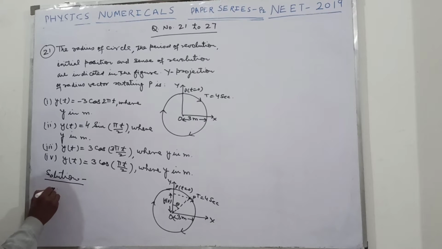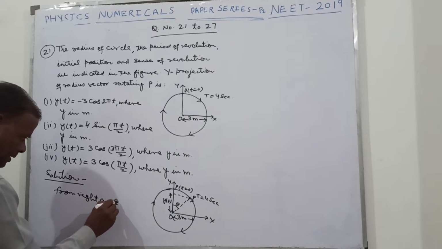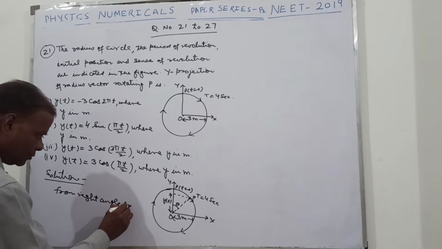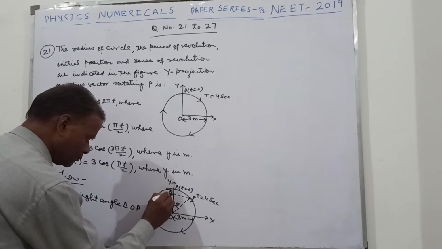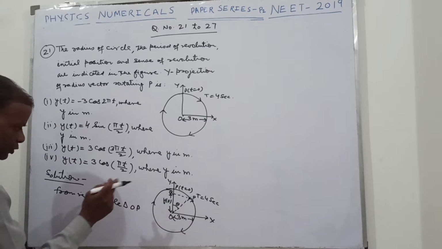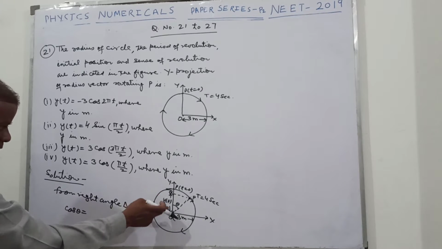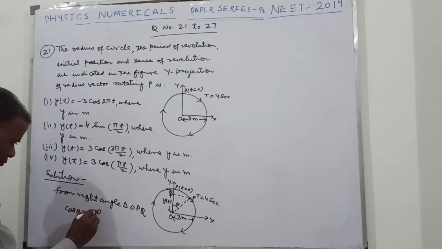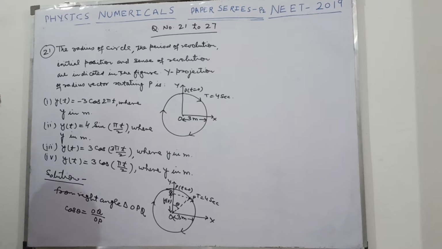From the right angle triangle OPQ, suppose this is the point Q. What we have: cos theta is equal to the base OQ upon the hypotenuse OP.